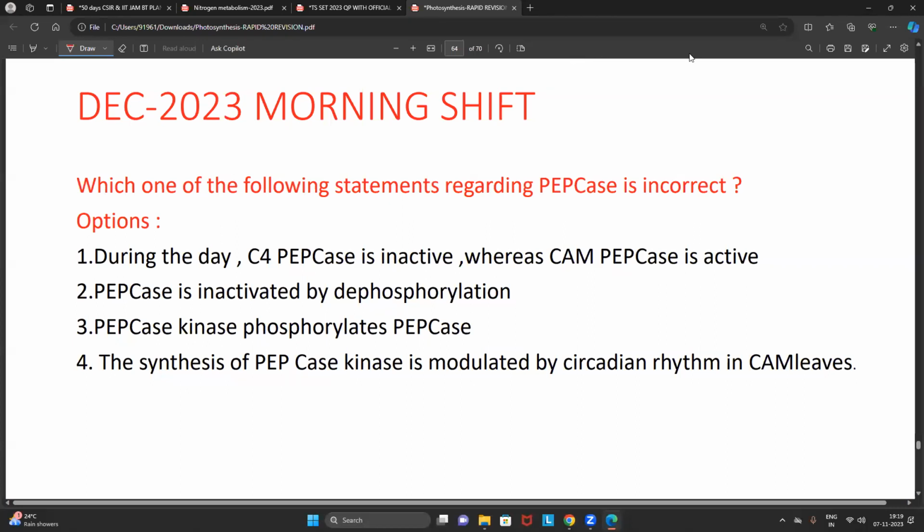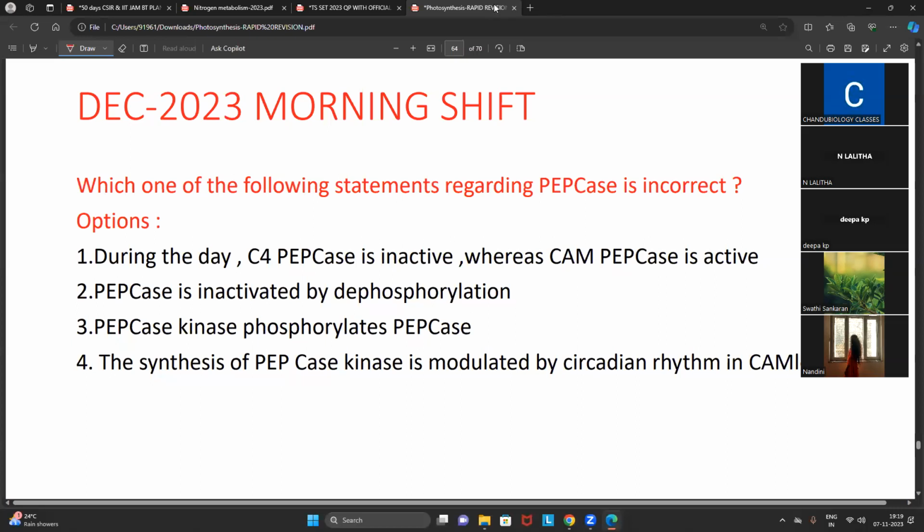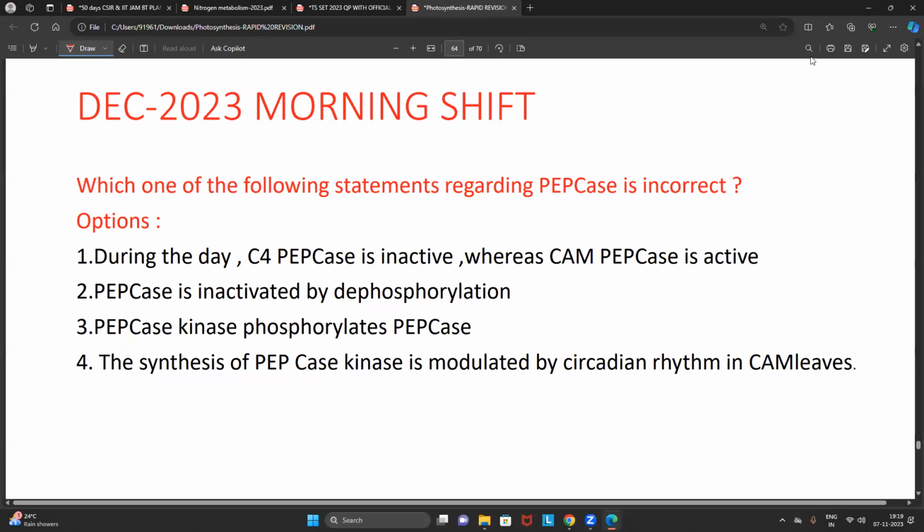Do not turn on your audio or video. Slowly think it properly.